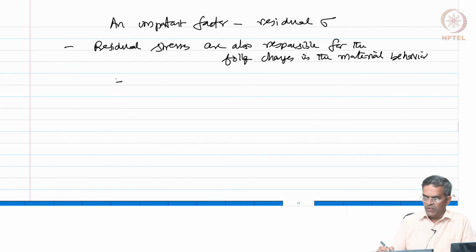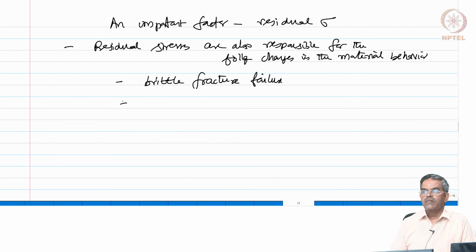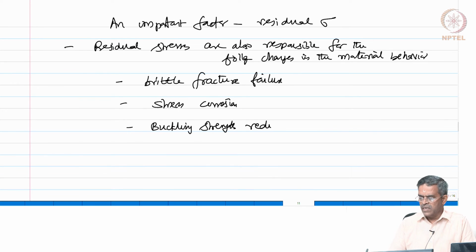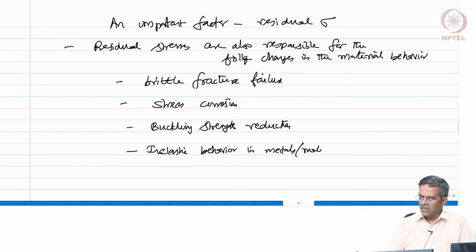Brittle fracture failure, stress corrosion, buckling strength reduction, we already said that, but we are re-emphasizing for us to understand more. Last one is inelastic behavior in metals, or let us say materials. We are talking about steel, therefore, it is not wrong in saying metals. Okay.